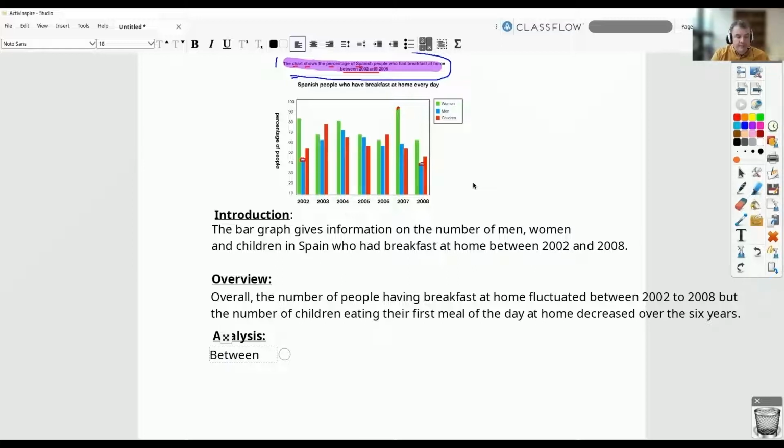Let's just start. Between 2002 and 2008, women having breakfast at home fluctuated.